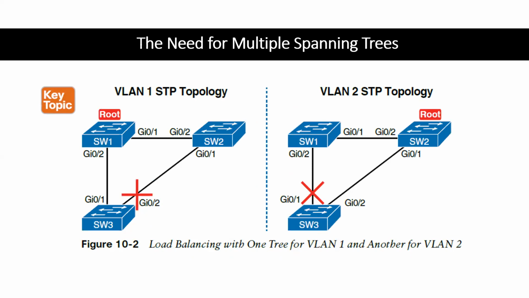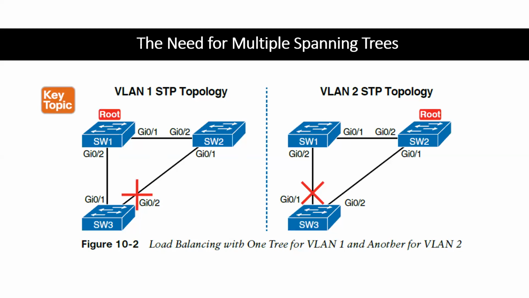I spoke about it before, and about how there is a need for multiple spanning trees, for multiple VLAN instances. Let's take a step back: what is a virtual LAN? A virtual LAN is a local area network that's configured virtually.